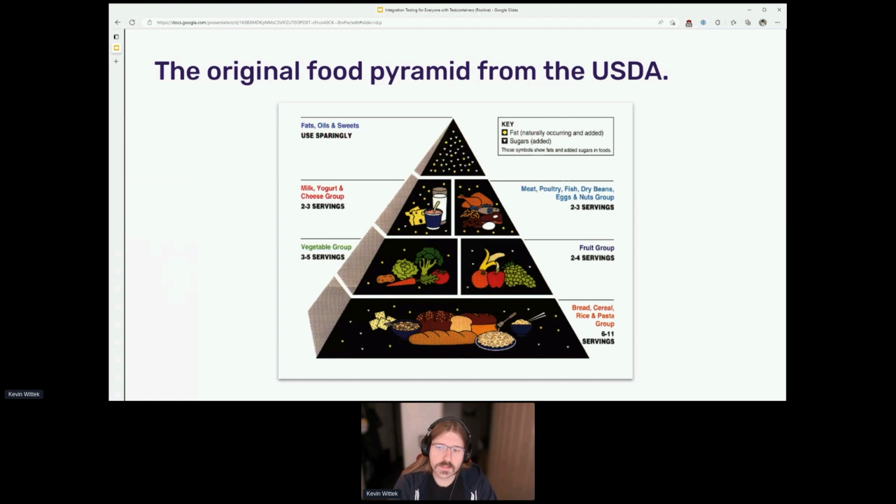So this is not a really scientific model, but it has been developed and published by the Department of Agriculture. So there are some economical incentives behind creating this kind of pyramid. And of course, nowadays we know this pyramid is not scientifically accurate.